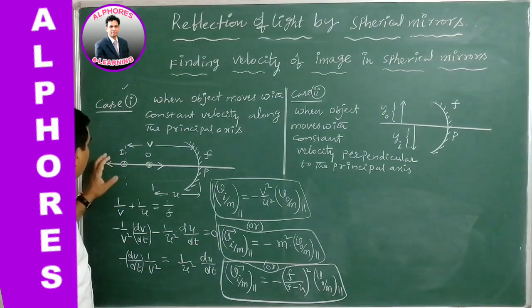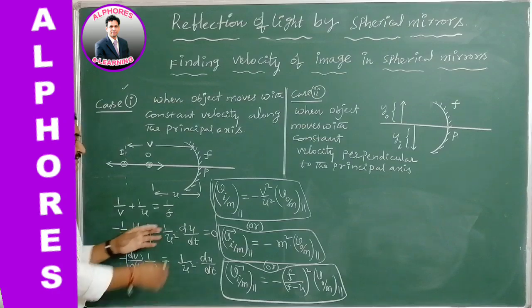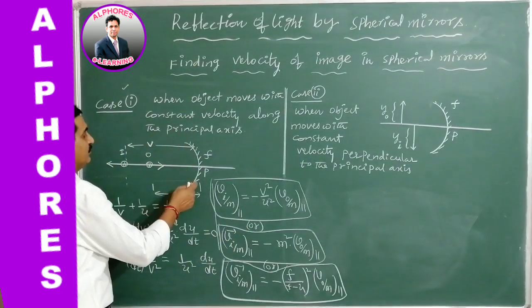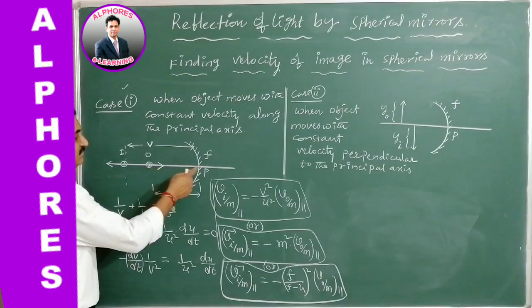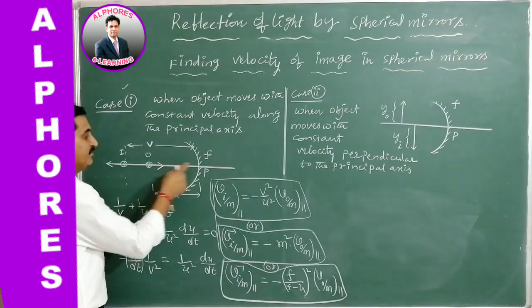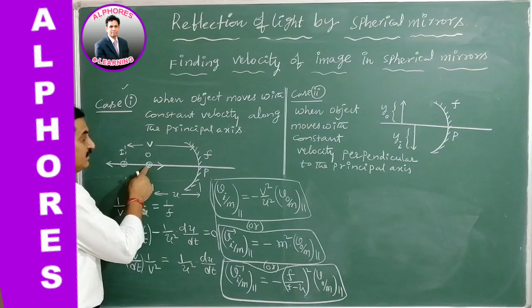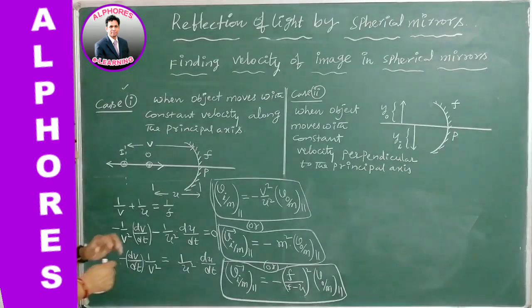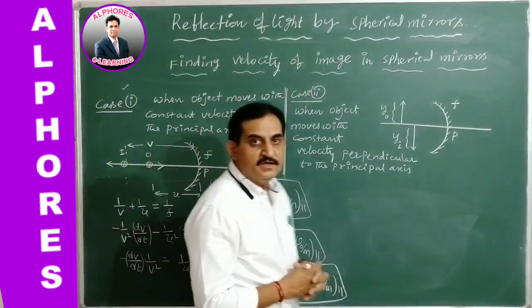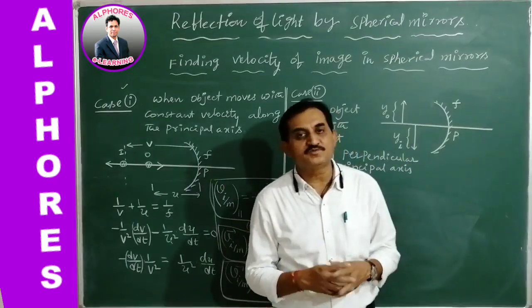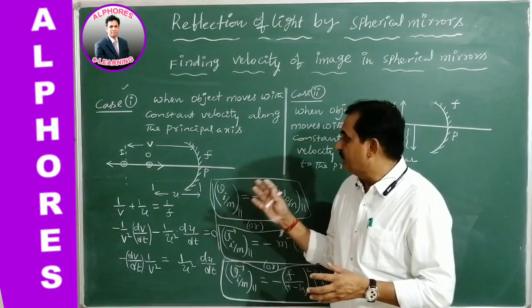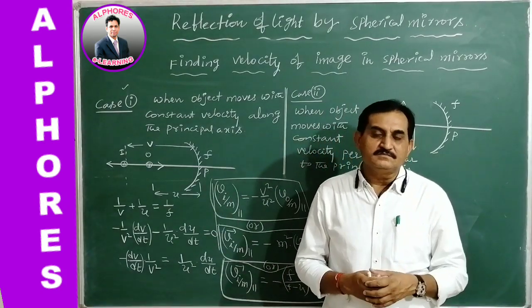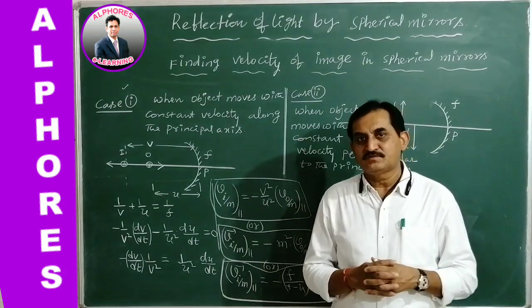So we are taking all these distances. See, why are we taking it with respect to the mirror? The object distance u is taken from where? From the mirror. Image distance is taken from the mirror. So if the object distance and the image distance are both measured from the mirror, it means we are taking the mirror as a reference.